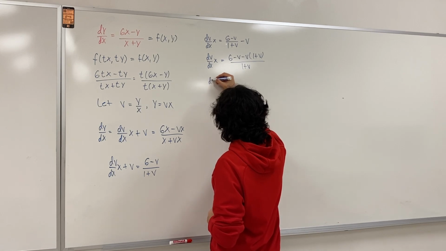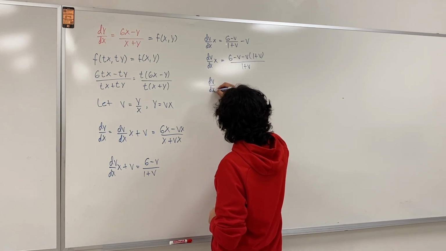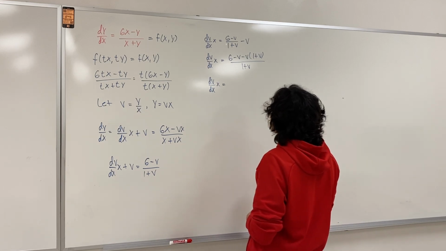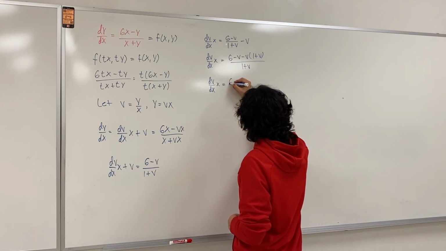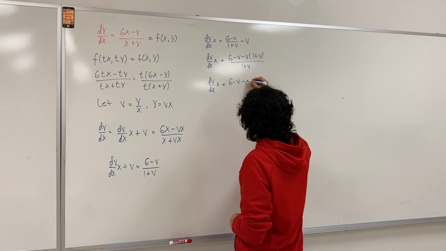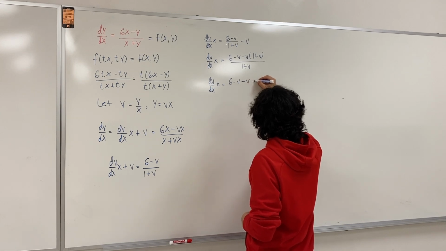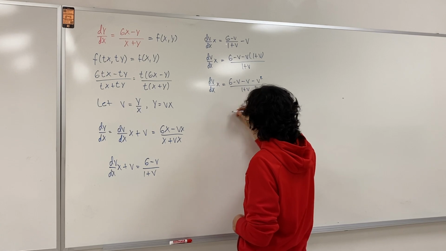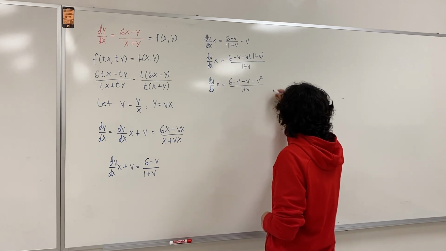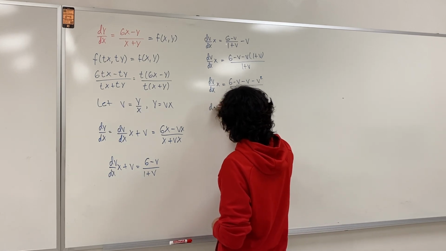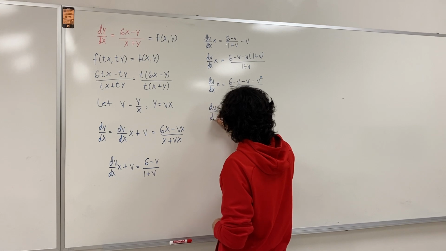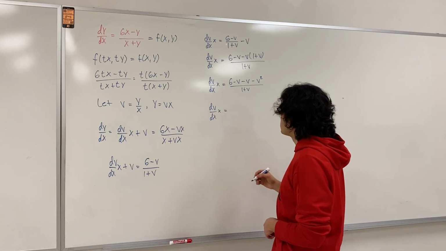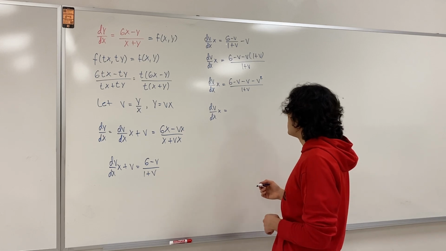This is dv/dx times x is equal to, so we are going to have 6 minus v minus v minus v squared, divided by 1 plus v, okay? And now, I like to continue down here. So overall what do we get? We get 6 minus 2v minus v squared.